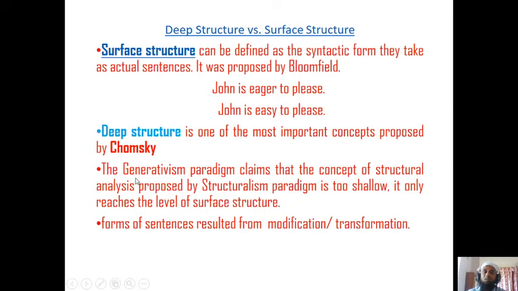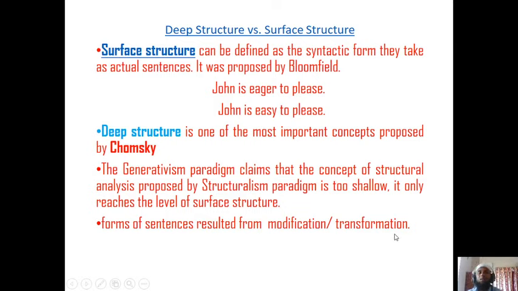The generative theory claims that the concept of structural analysis proposed by the structuralism paradigm is too shallow. It only reaches the level of surface structure, as we have already seen while discussing immediate constituent analysis and T-diagram. Forms of sentences result from modification and transformation.